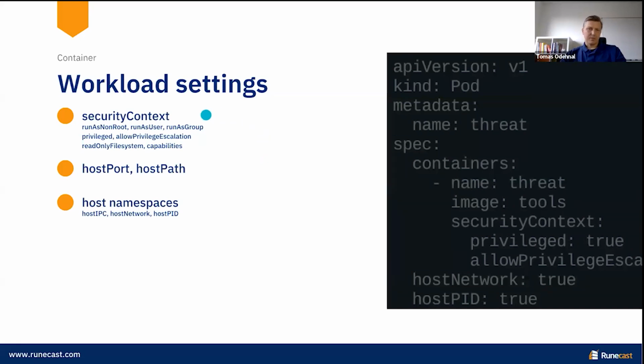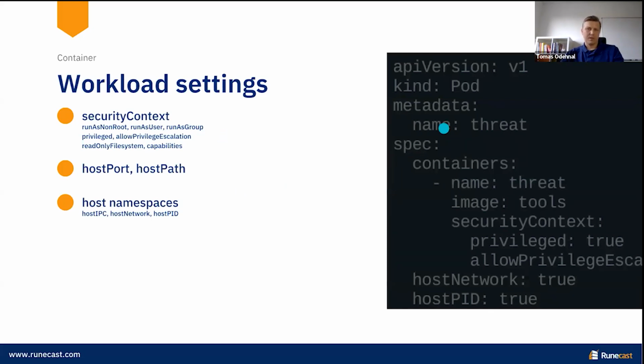There is a security context that can change the user that is used by the container image, and it can also ensure that it's not running as a privileged user. It can ensure that it's not allowed to escalate the privileges, and this security context can be set on 2 levels.